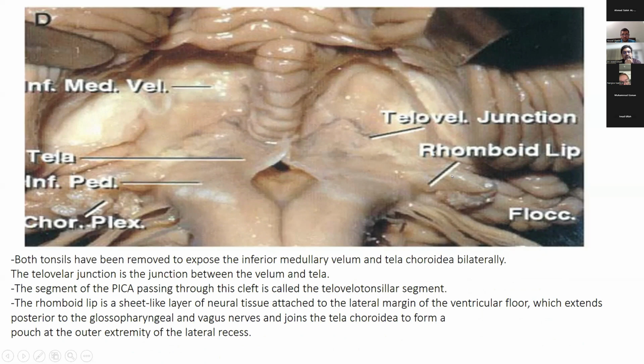And this rhomboid lip is a sheet of neural tissue attached to the lateral margin of the ventricular floor, posterior to the glossopharyngeal and vagus nerves, and it joins the tela choroidea to form an outpouching here. I did not understand this part clearly, but what is most important is the telovelar junction.